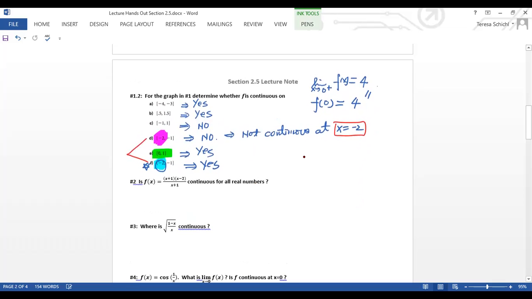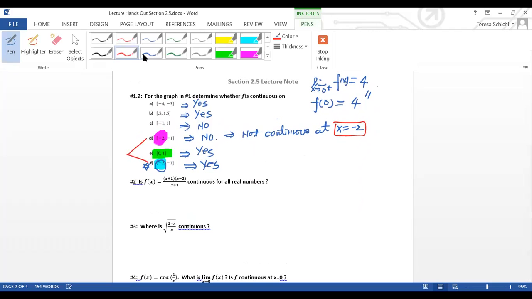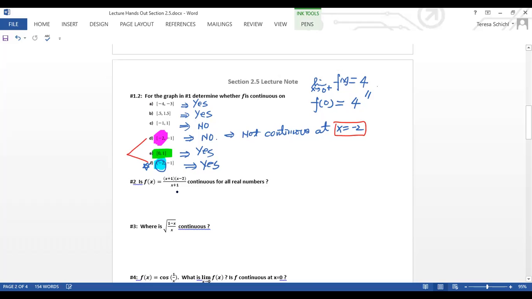Okay, so now the next one here. We said the function f of x is (x plus 1)/(x minus 2). x plus 1 is continuous for all real numbers. But we say, hey, this is a fraction. The problem with fractions is that the denominator cannot be equal to 0, right?